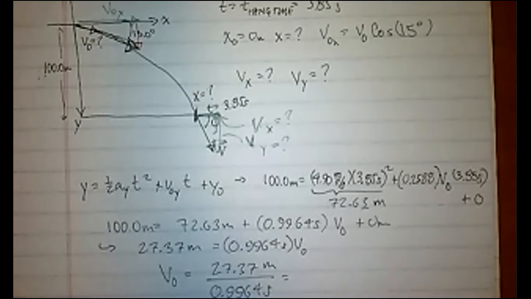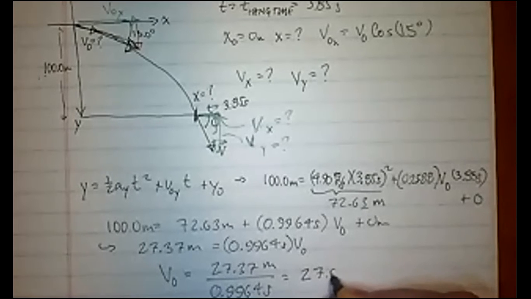So let's double check with my calculator. 27.37 divided by 0.9964, which gives me 27.47 meters per second. So that is the initial velocity.